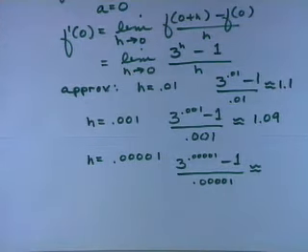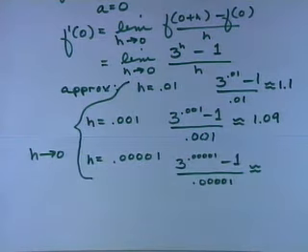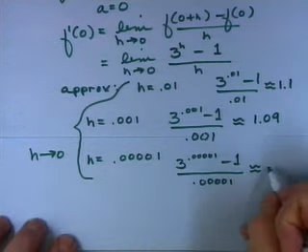Right, we're supposed to be letting h get close to 0, which I think is happening here. Anybody? 1.098.